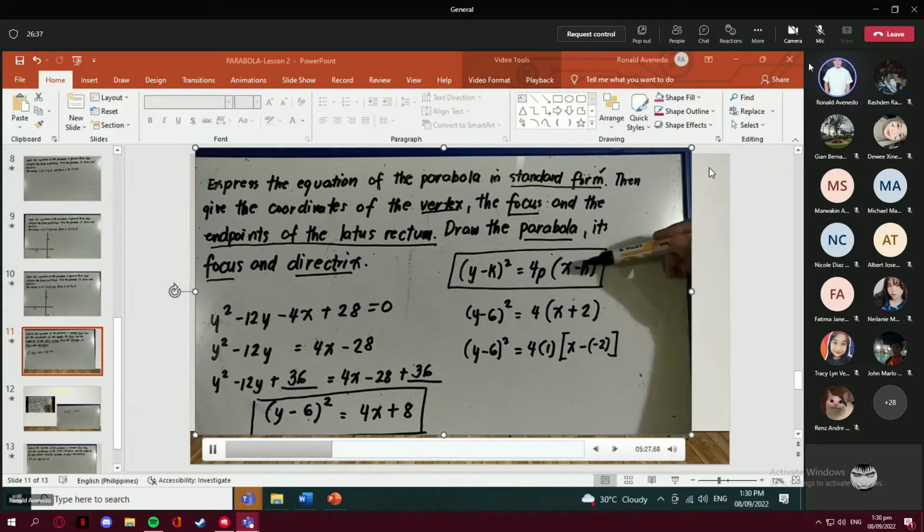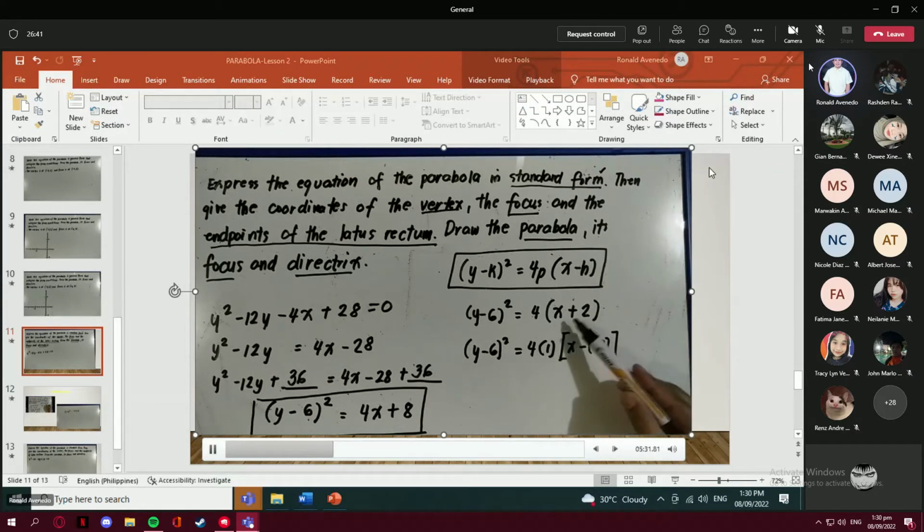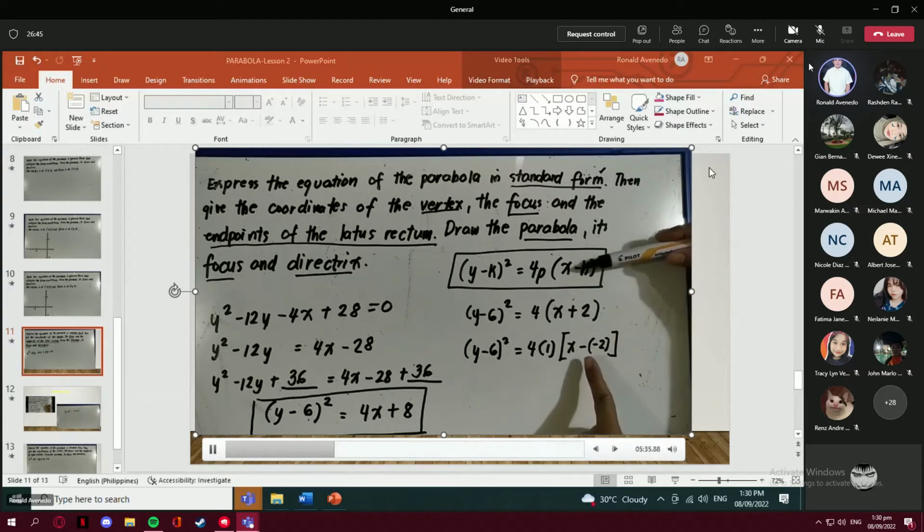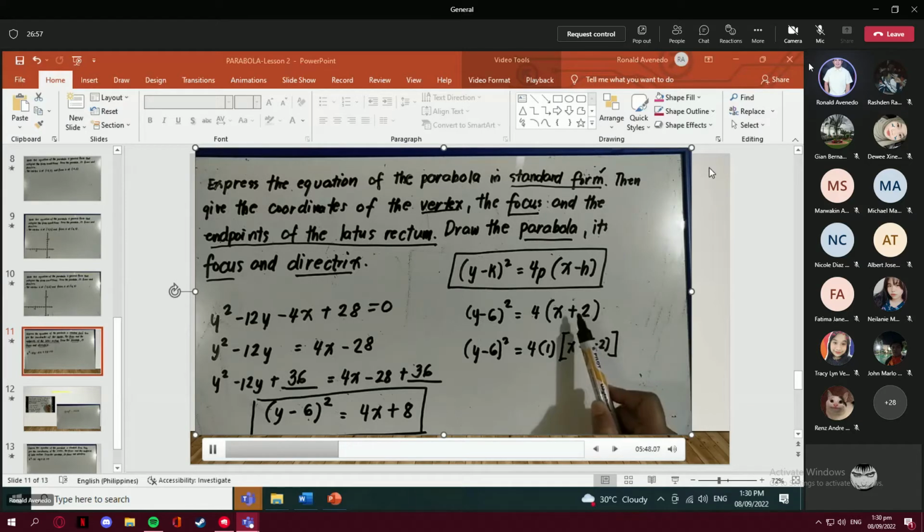Again, from our guide, x minus h, and since we have here x plus 2, we need to follow this x minus. Then since this is positive, para maging positive ito dito, we need to write here negative inside the grouping symbol so that negative times negative is positive 2, and still following our guide, which is in the form of x minus h.